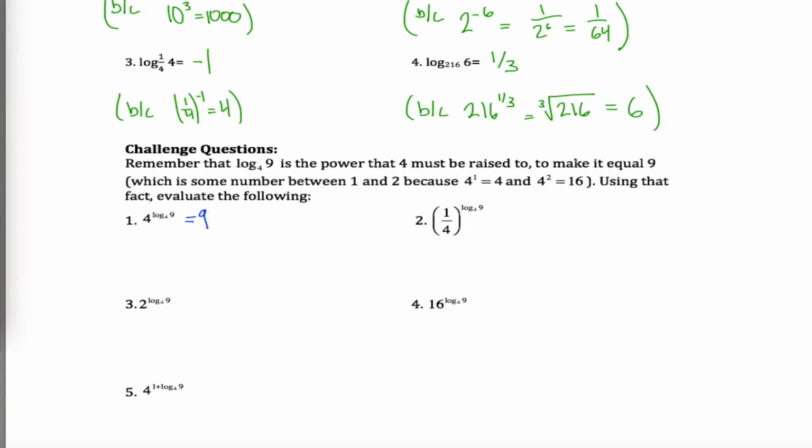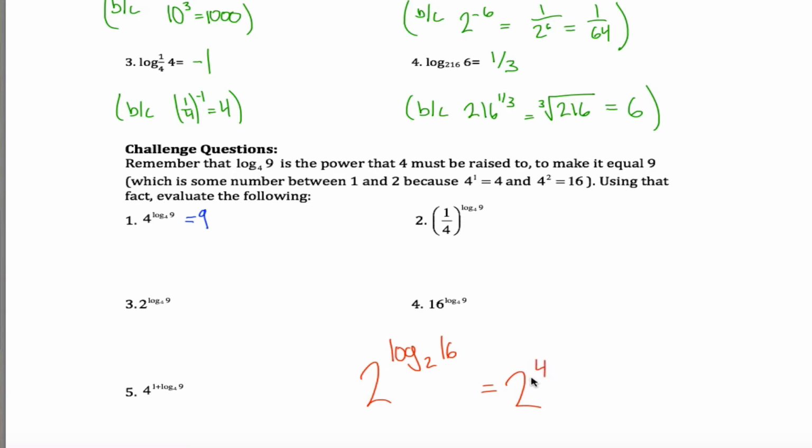If that really bothers you, I'm going to erase this in a minute, but note that 2 raised up to the log base 2 of 16. The log base 2 of 16, if you just look at the exponent, this is the power that 2 needs to be raised to make it a 16. So this is the number 4.